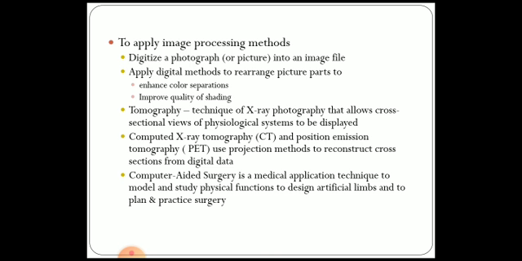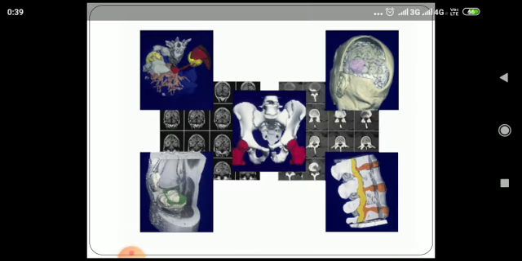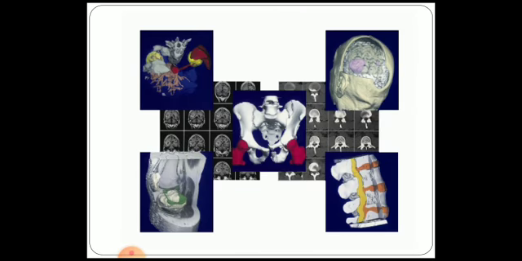Computer aided surgery is a medical application technique to model and study physical functions, to design artificial limbs and to plan and practice surgery. All right, so these are some of the examples of image processing that happens in medical applications or the medical field.